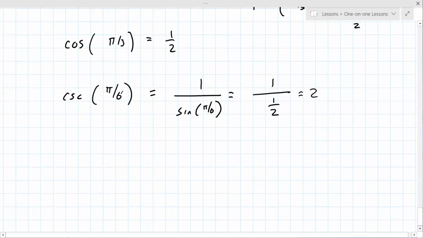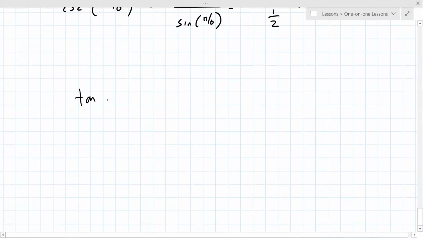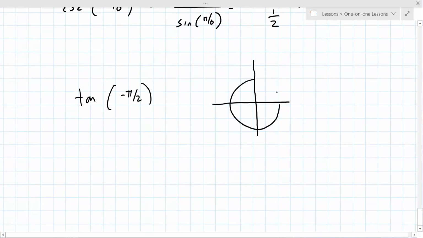One that might be more difficult is the tangent of minus pi over 2, because you have to know where that is on the unit circle. I'm hoping you can tell me where that is, because it is kind of a nicer point. So you have to go backwards?